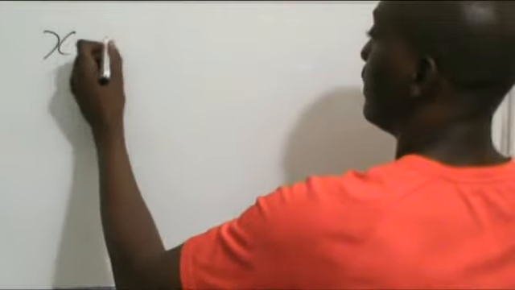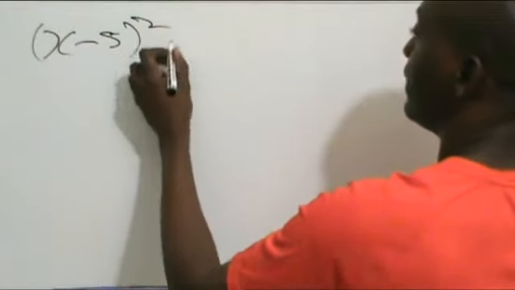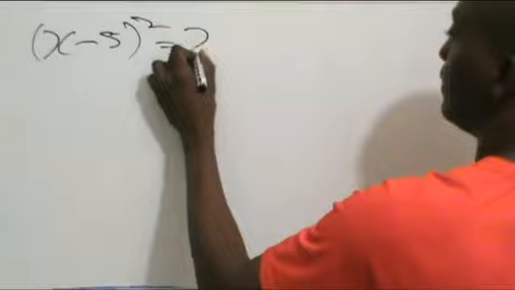So we now have x minus 5 squared. So we had x plus 5 squared on top, now we have x minus 5 squared. So (x minus 5) squared is equal to x squared.